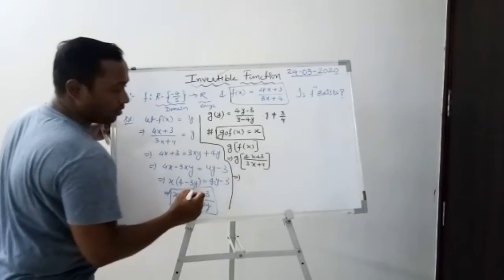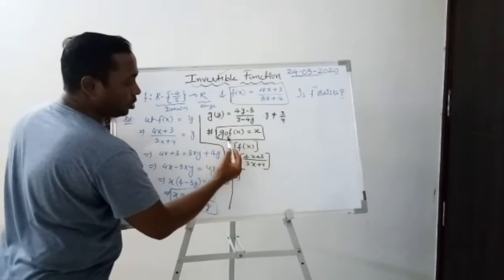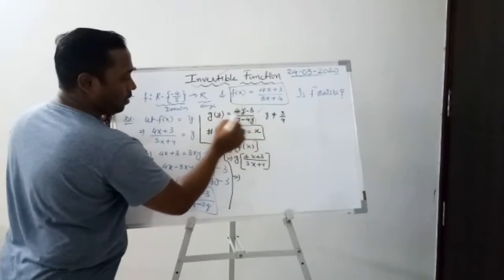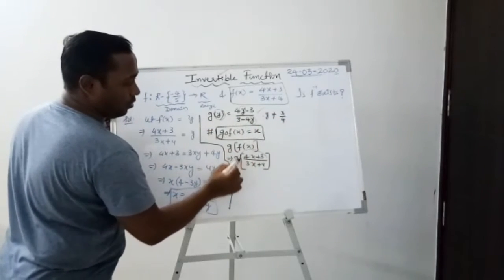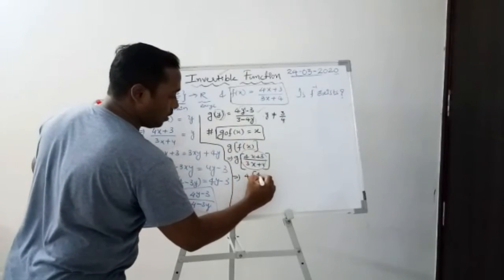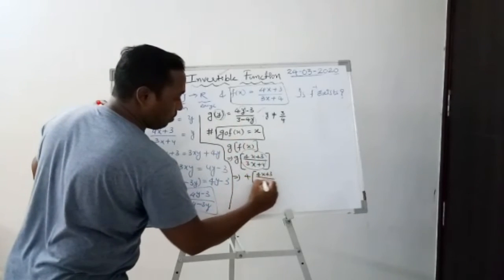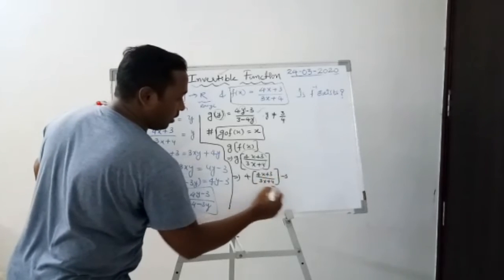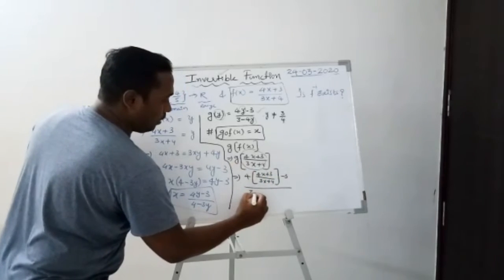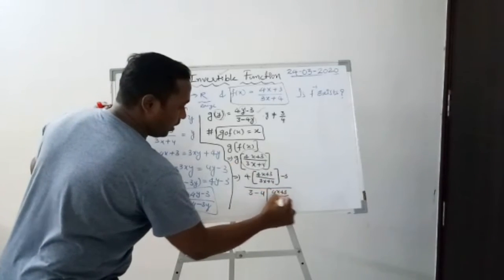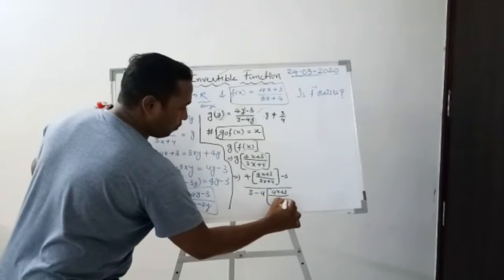Now we'll solve further. And what is g of y function we have? This is it. So in place of y, we are going to substitute this value. It means 4 times (4x plus 3 by 3x plus 4) minus 3, upon 3 minus 4 times (4x plus 3 by 3x plus 4).